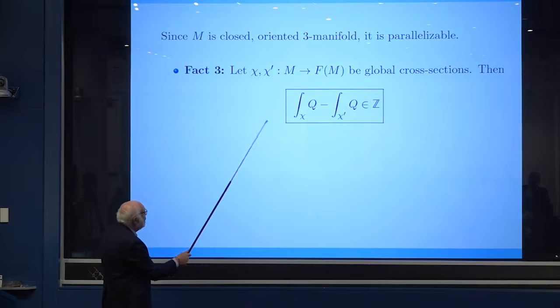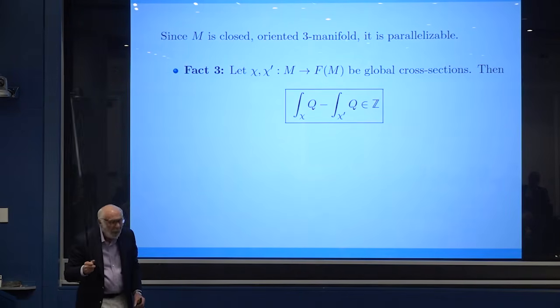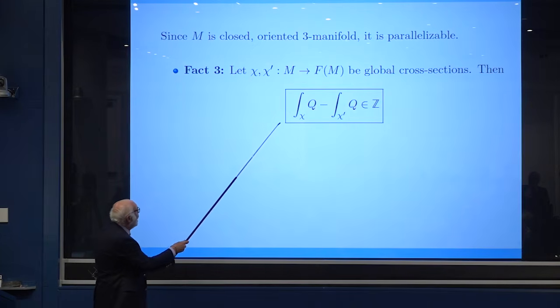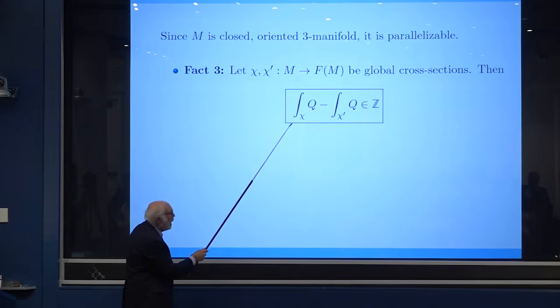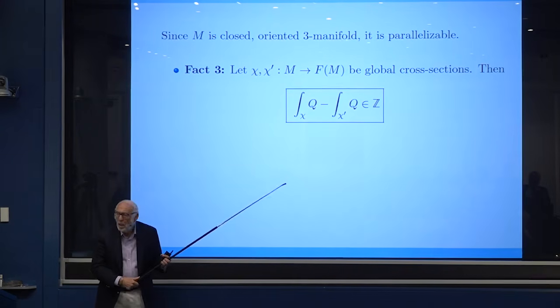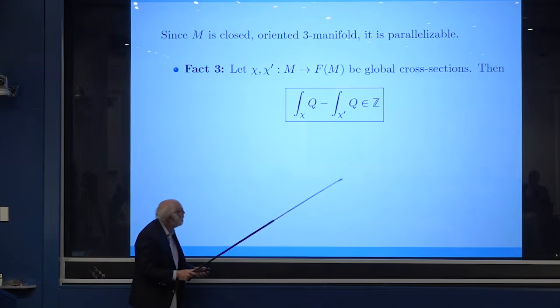So a cross-section is mapping the three-manifold up into the bundle, then integrating Q over its image. And it says here that if I integrate it over one cross-section and then over another cross-section, the difference is going to be an integer. Well, why is that?